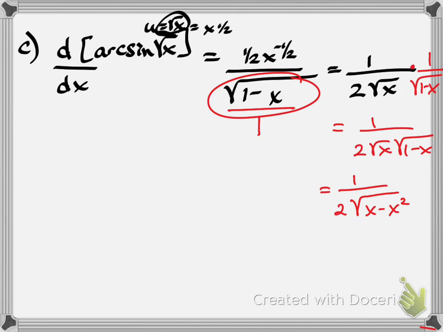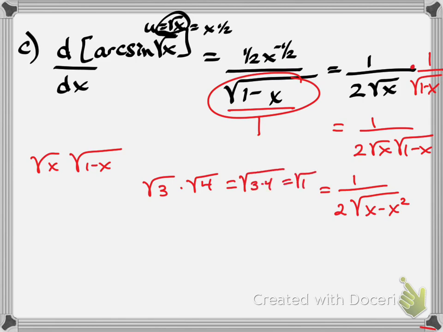And that is that. If that part bothered you, multiplying under those square roots, just remember that you can do like square root of 3 times square root of 4 and call that the square root of 12. It's fine to put both of those under the same root and multiply. So that's all we did. We sort of moved that one under the root with the other, and we just distributed.